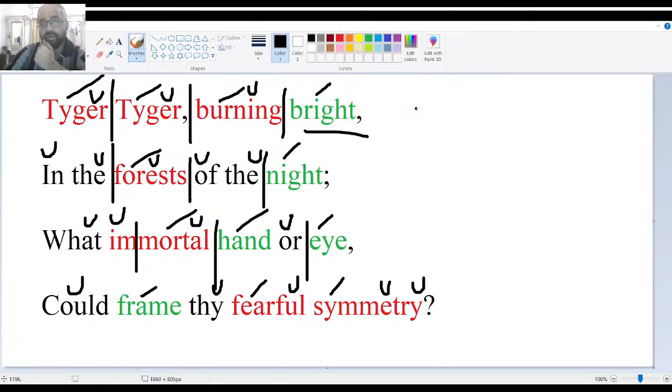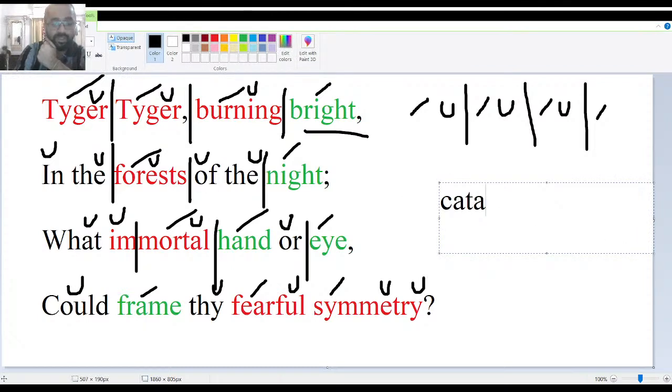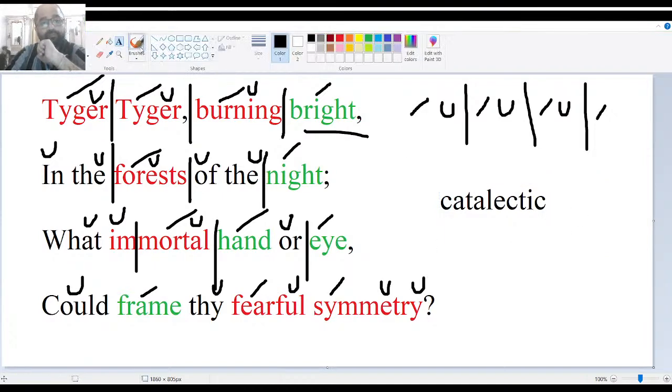And if in a trochaic passage you have an incomplete foot, it's called catalectic. Okay, this is only for trochaic passages. Catalectics do not appear in iambic passages. So the idea is you have 1 2 1 2 1 2 1.